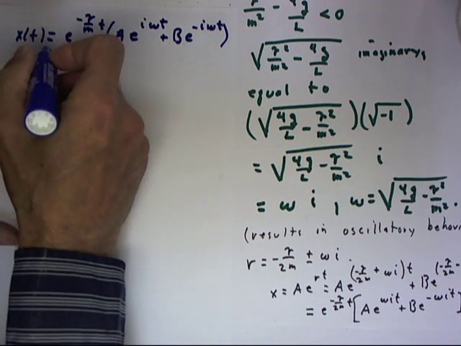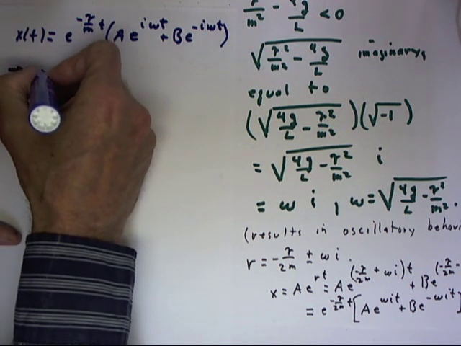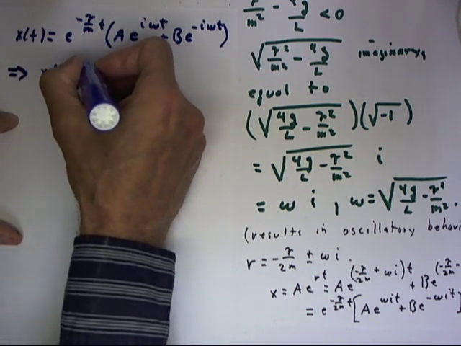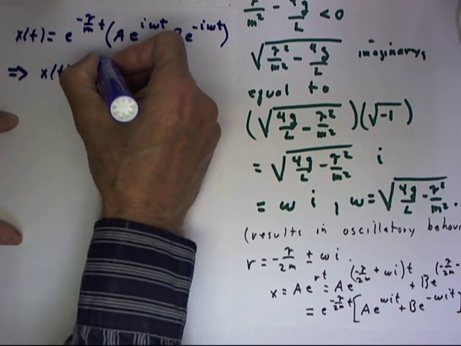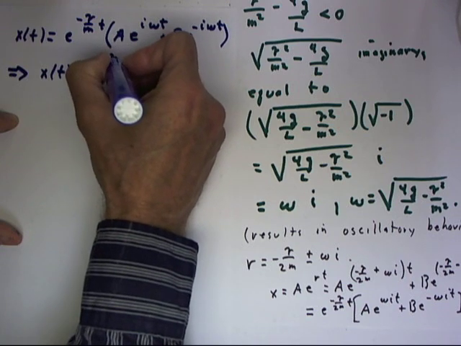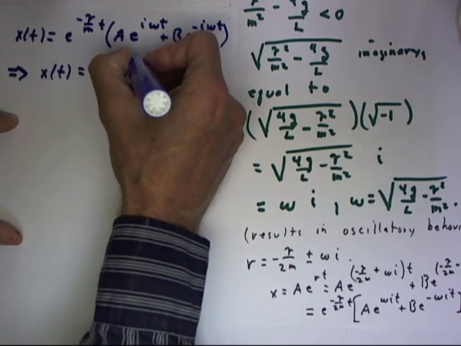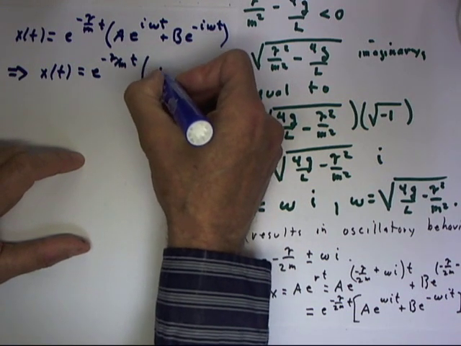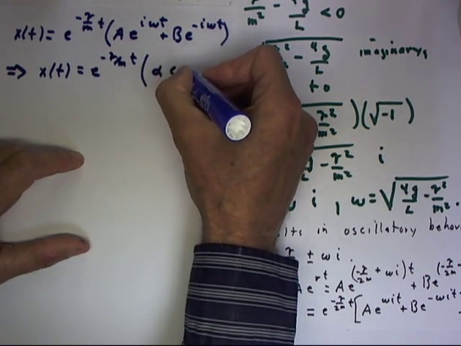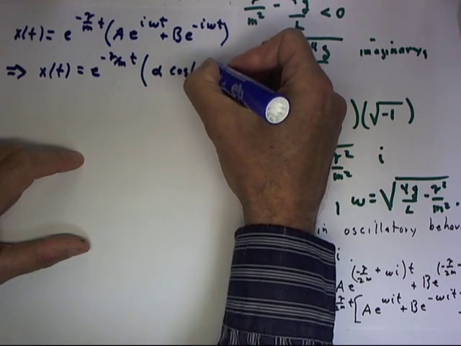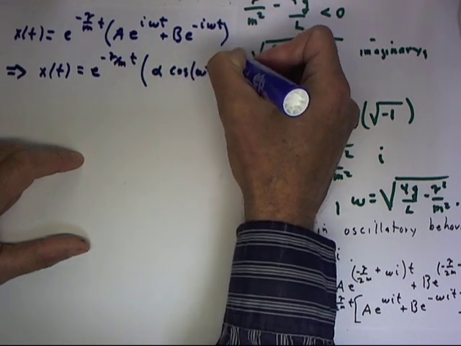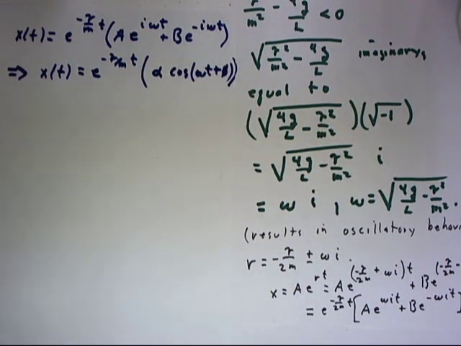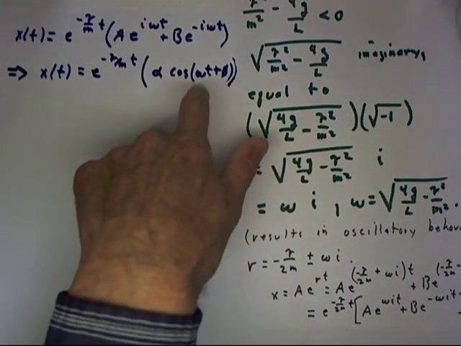This implies a real behavior equal to e to the negative gamma over m times t, multiplied by an alpha cosine of omega t plus phi, using this notation similar to what I did before.